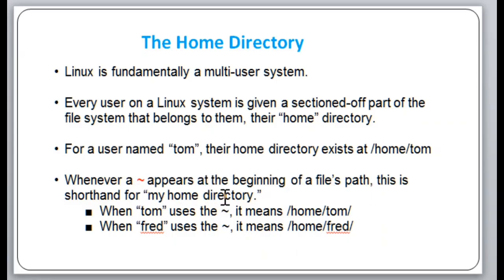So when Tom uses the tilde, it means /home/Tom, and when Fred uses it, it means /home/Fred. So that tilde is nice if you're far into directories and you just want to go back to your home directory. You can just put that as opposed to typing in the whole home directory path.